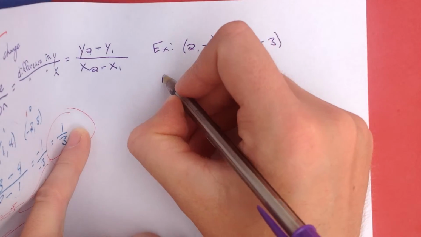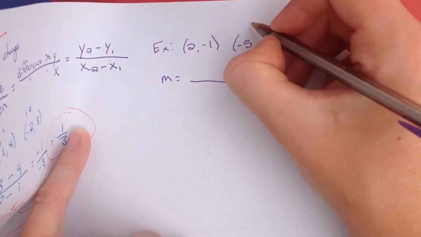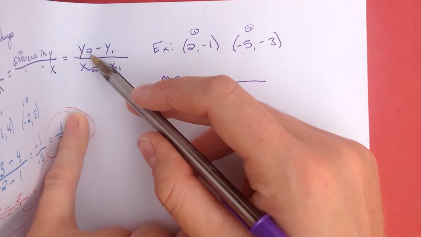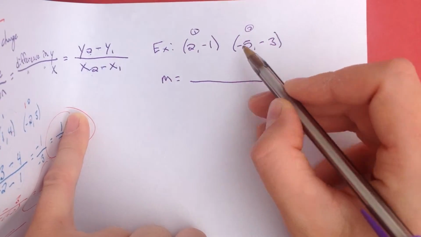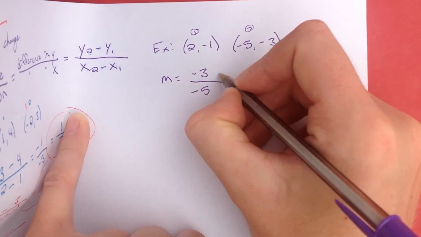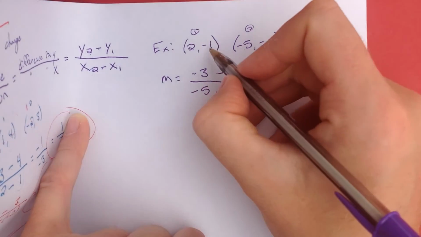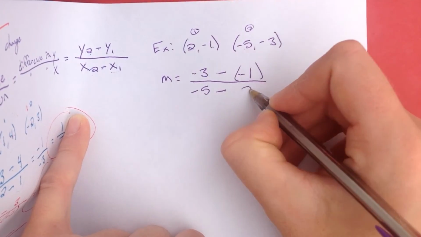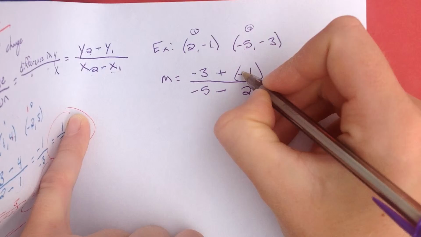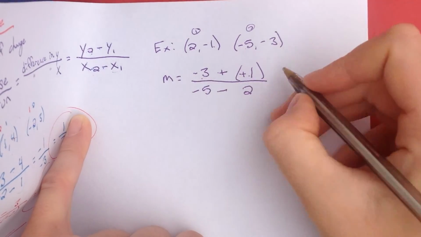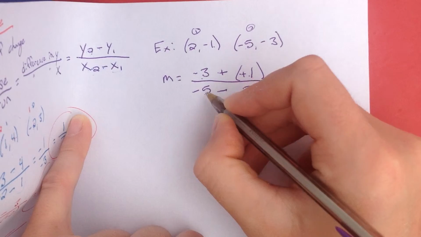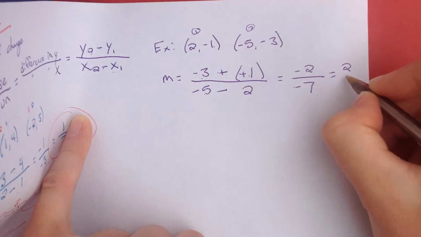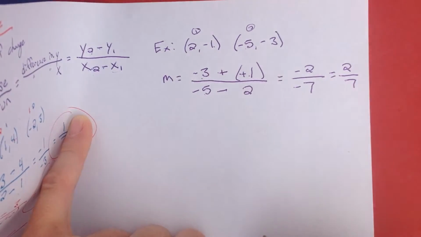So, doing our m equals, let's pick point 2, point 1. y2 over x2, minus in both cases, y1 over x1. So our slope is -3 plus 1, or -2, over negative 5 minus 2, which makes negative 7. So our slope would be positive 2/7.